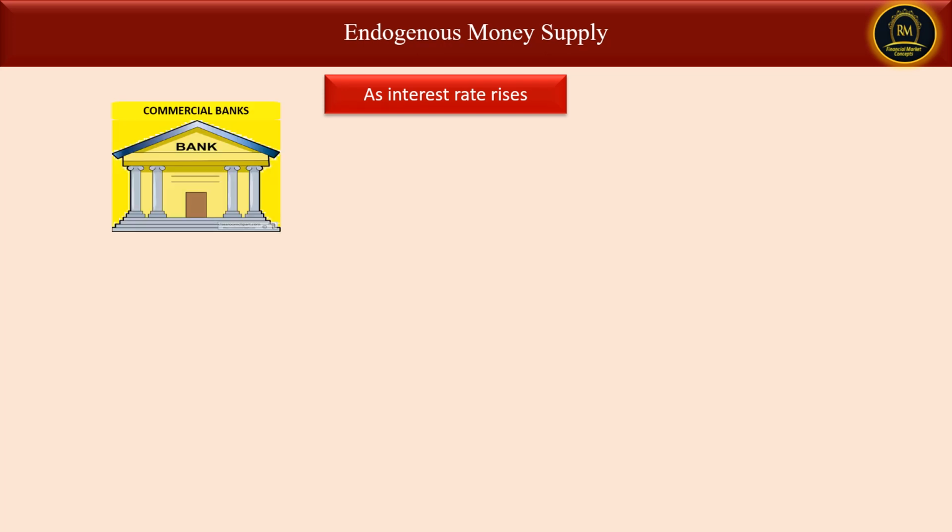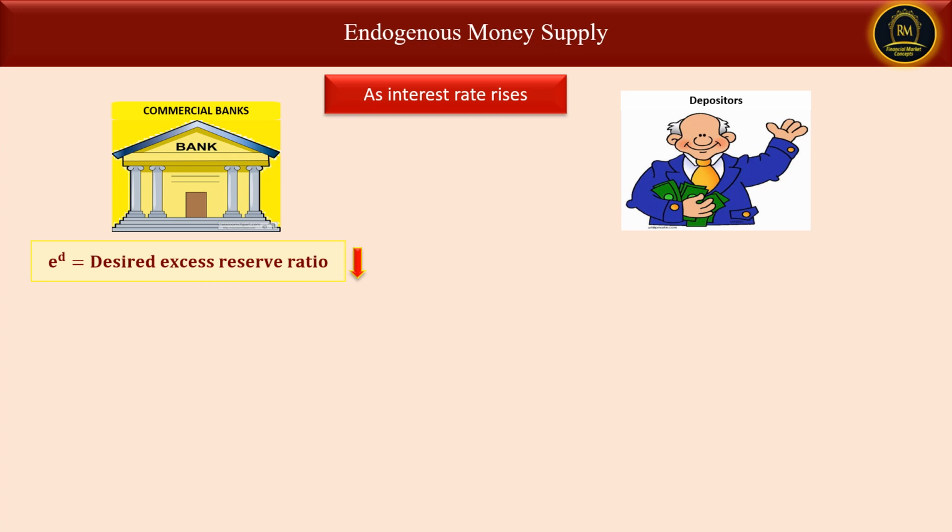Thus, endogenous money supply theory says that if the interest rate rises, the commercial banks' desire to keep excess reserve falls, because keeping excess reserve carries an opportunity cost in the form of sacrificing interest. If they had lent that money out, they could have earned more at a higher interest rate. At the same time, if we talk about the depositors, the depositors' desire to hold currency will fall.